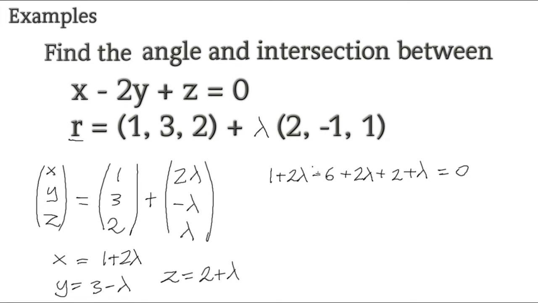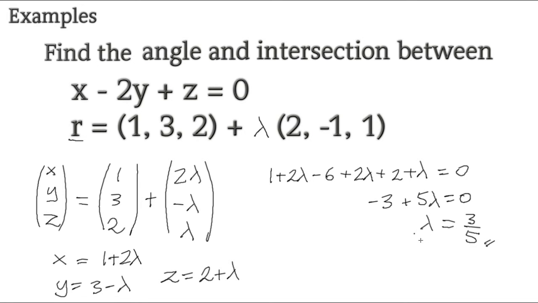Now we collect like terms: 1 plus 2 is 3, take 6 is minus 3, then 2 plus 2 plus 1 gives us 5 lambda, and that equals 0. Now we can rearrange to find that lambda equals 3 on 5.